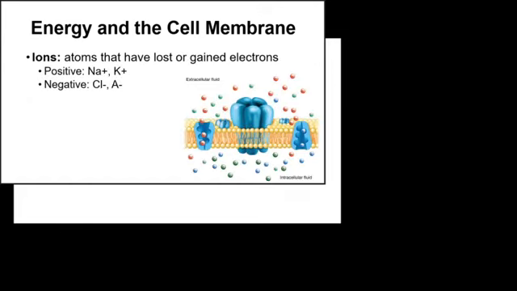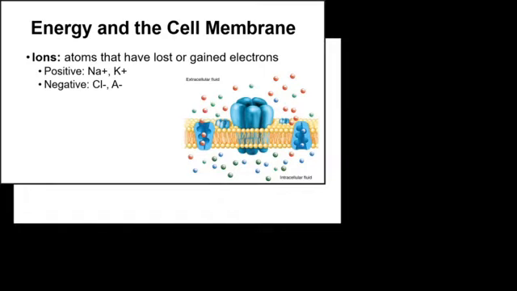And so I've been talking a little bit about these particles that can move across the membrane, and the proper term for them is ions. So they are going to be atoms that have either lost or gained electrons. It's probably better, instead of specifying atoms, to specify molecules, because not all of the things that we're talking about are specifically one atom.